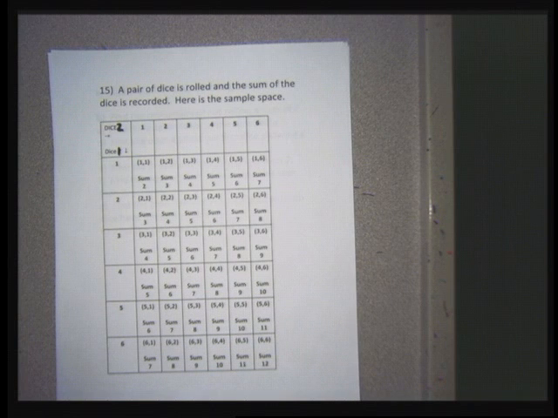This set of problems, problem 15 and the problem that's going to follow it, problem 16, are going to use this sample space that a pair of dice are rolled. We have a first die and a second die, and I kind of pretend maybe one is red and one is green so you can really tell them apart, but they don't have to be different colors. And what we're going to do is two things. We're going to record the numbers that come up on the dice, and we're going to add the 2 dice up.